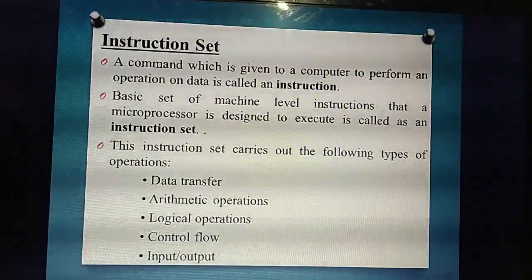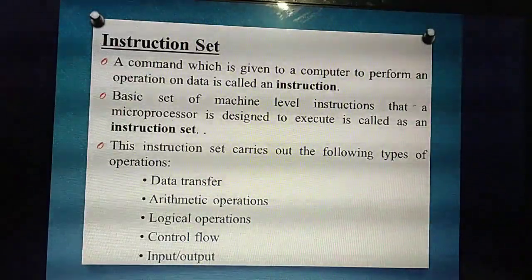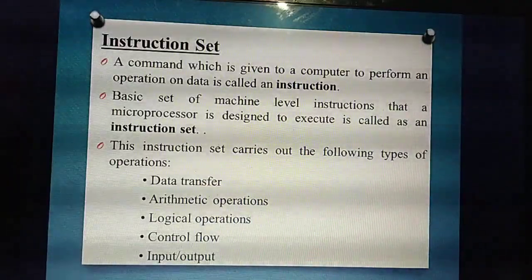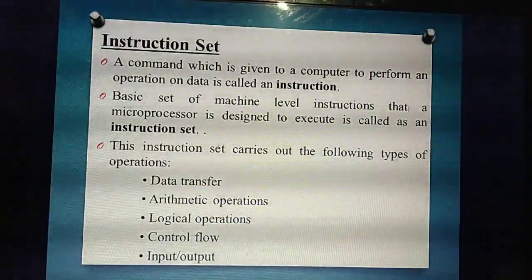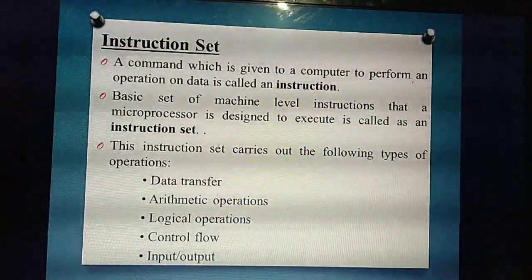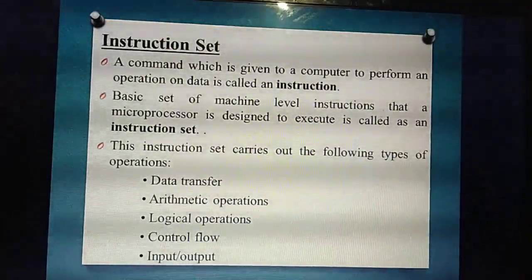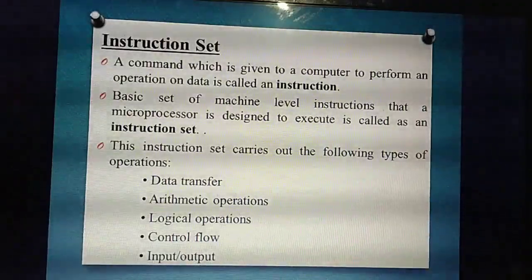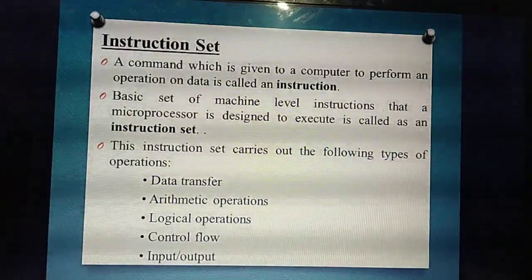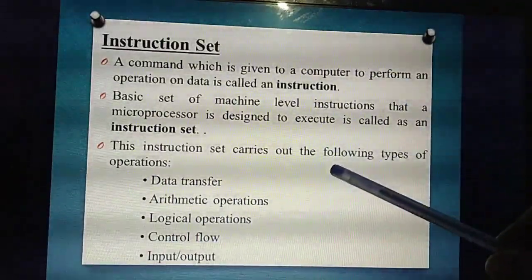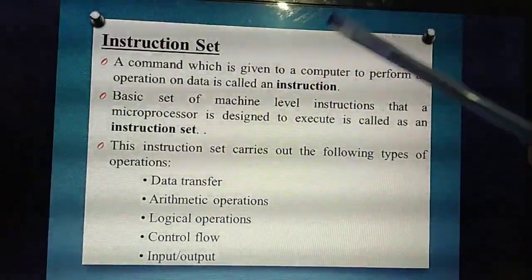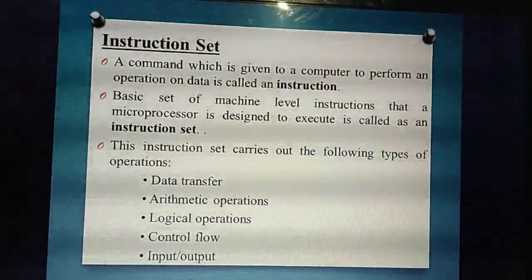A microprocessor is designed to execute a set of machine level instructions, called the instruction set. This instruction set carries out many kinds of operations: data transfer, arithmetic operation, logical operation, control flow and input output. Understand?